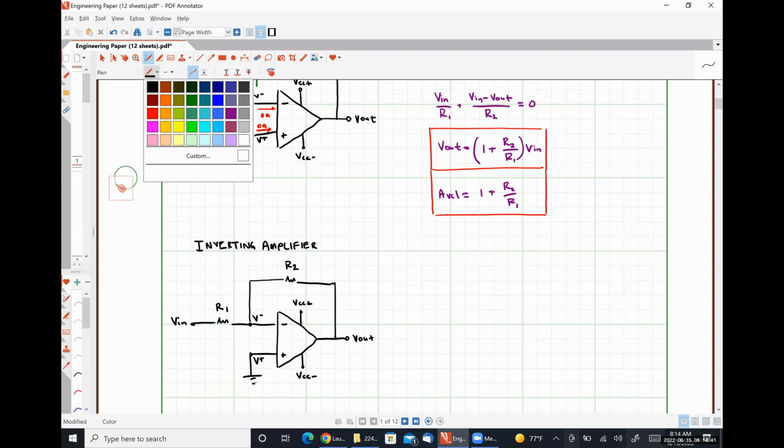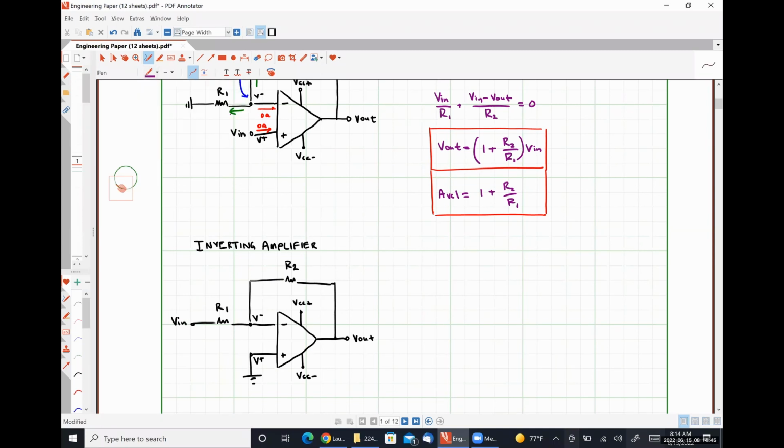I'm not going to derive this again because we did it in class on Monday. So I'm just going to give you the results. We had V out is equal to negative R2 over R1 times V in, and a closed loop voltage gain AVCL of negative R2 over R1.